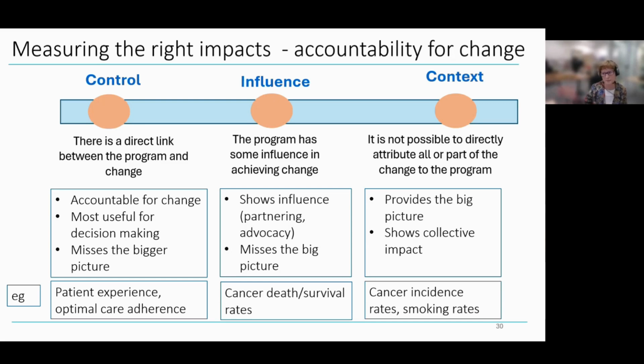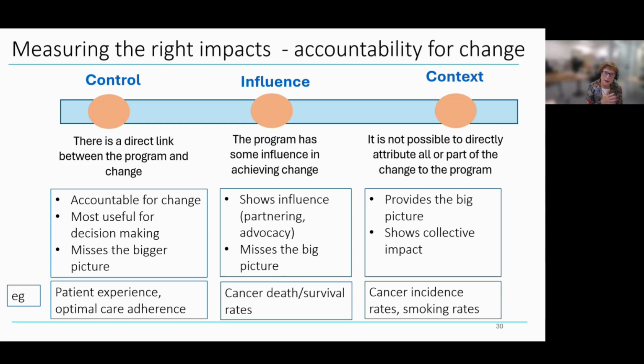You don't influence them, but they're really important as direction setting, as goal setting, and allow you to see the broader context within which you work. So there are three types of accountabilities for change, and knowing what you control, influence, and what is contextual is all part of deciding how you're going to measure impact, by understanding what you are accountable to change.